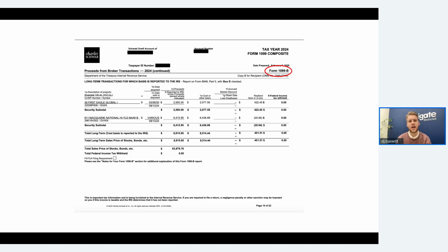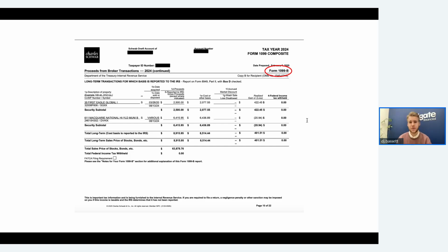So one little piece here with the 1099-B. One thing that they look out for is wash sales. It's a common thing that comes up as people are doing taxes. And what that means is that you cannot claim any losses against your gains if you bought or sold the identical security within 30 days, right?